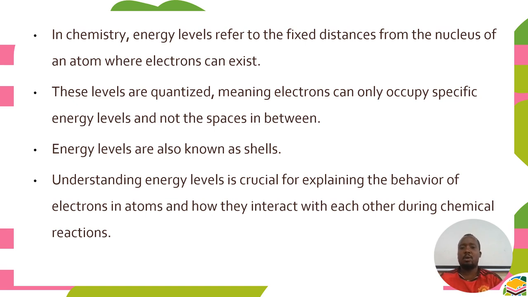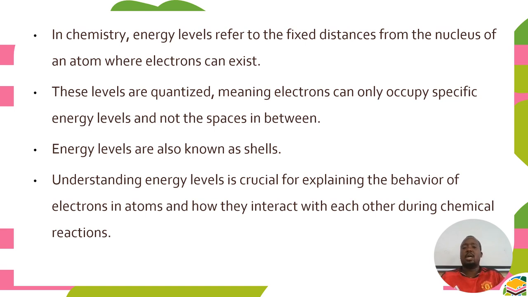So these levels are quantized, meaning electrons can occupy specific energy levels and not the spaces in between. They will always occupy a specific energy level and not spaces. To be quantized, each energy level is associated with a certain amount of energy.